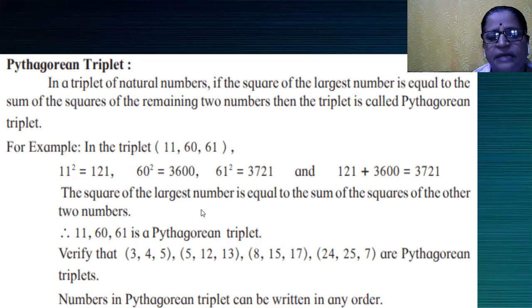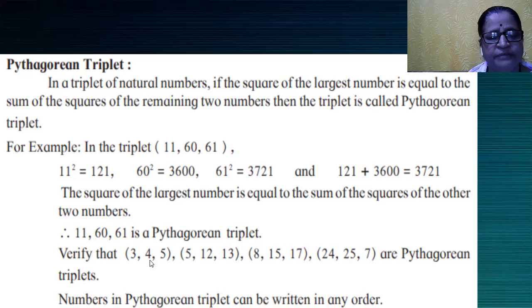The square of the largest number is equal to the sum of the squares of the other two numbers. Therefore 11, 60 and 61 is a Pythagoras triplet.